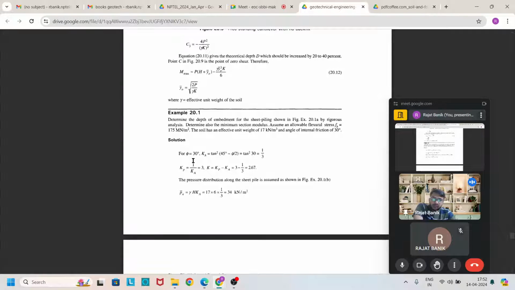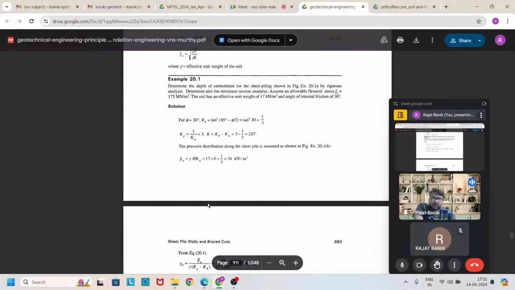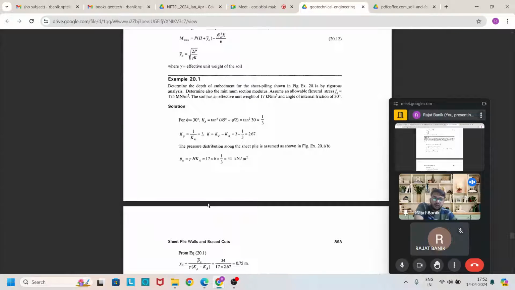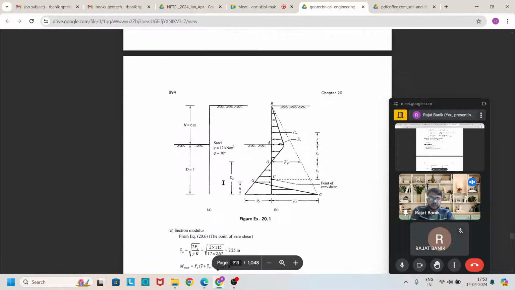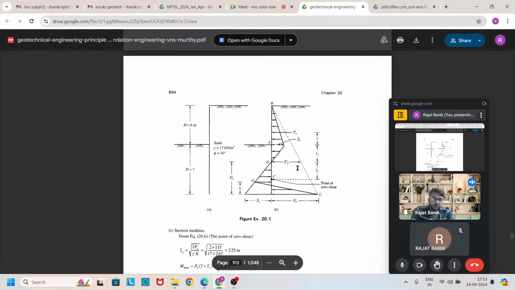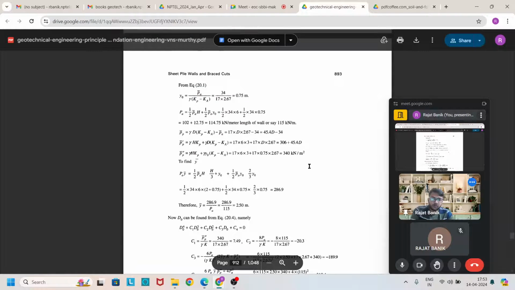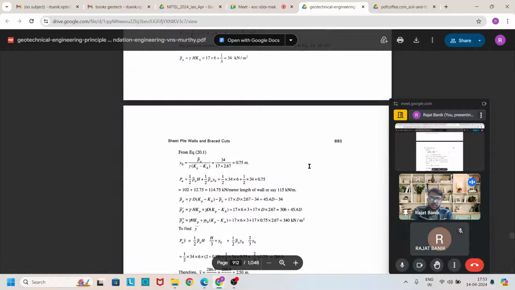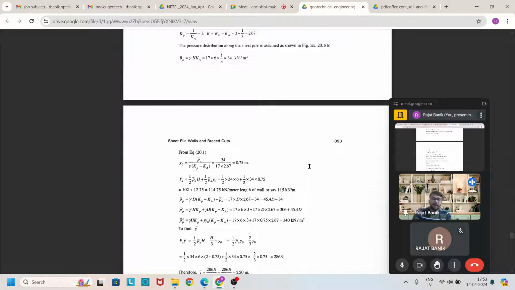After finding Kp by using the relevant formulas, P a bar is found, which is equal to gamma H K. After that, find out Y naught. Y naught is the distance from the dredge level to the point of rotation, which is equal to P bar divided by gamma into (Kp minus K), or we can say only K.